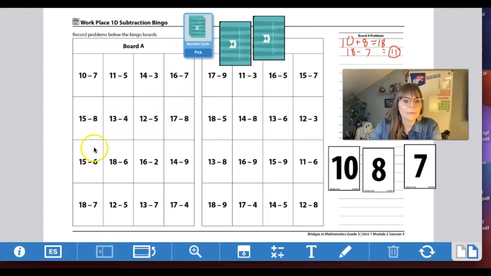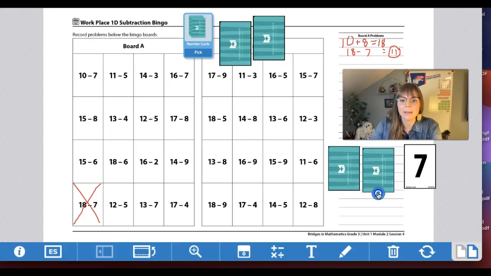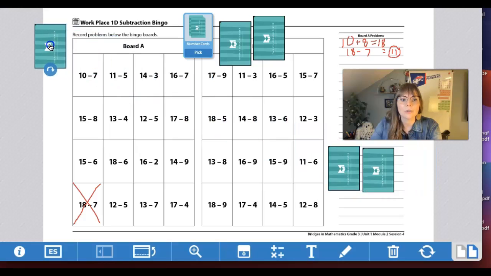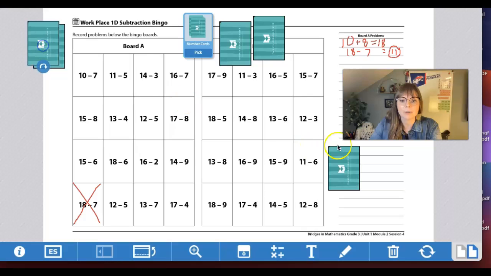Nope. Nope. Nope. Nope. We got it. 18 minus 7. So I'm going to cross that out on my bingo board. I'm ready for another turn, so I'm going to put these back into my discard pile down here.